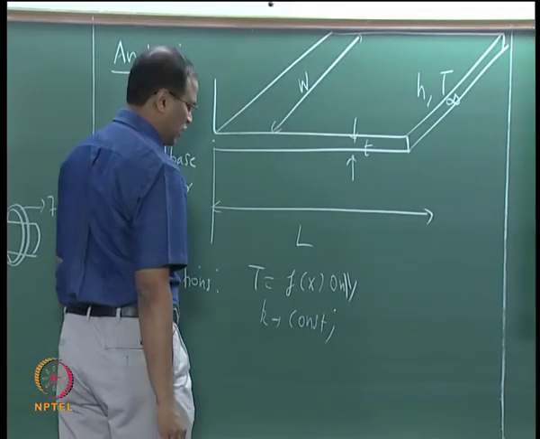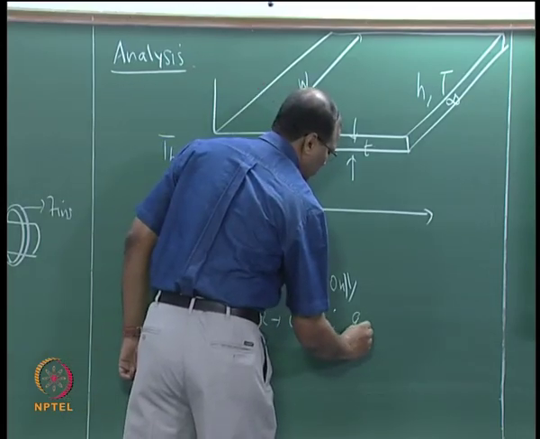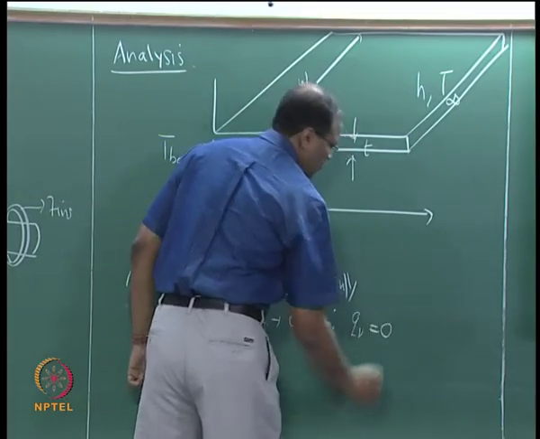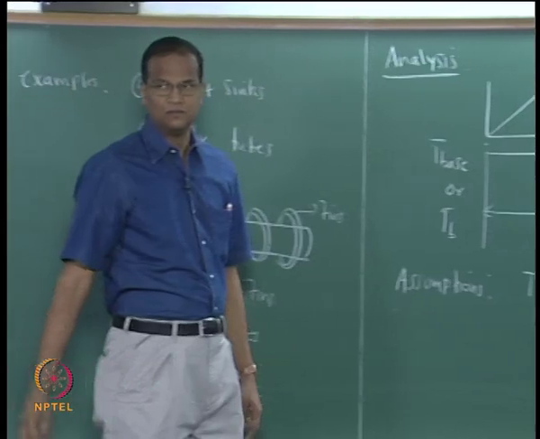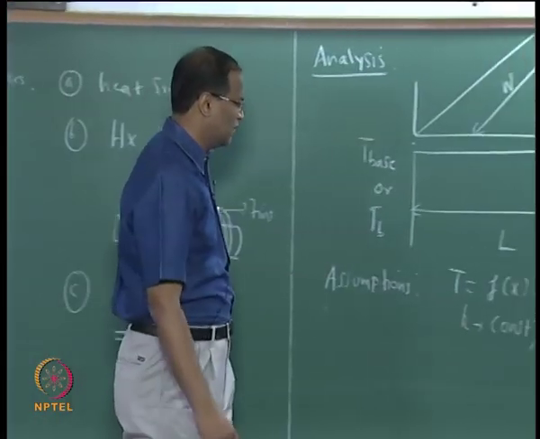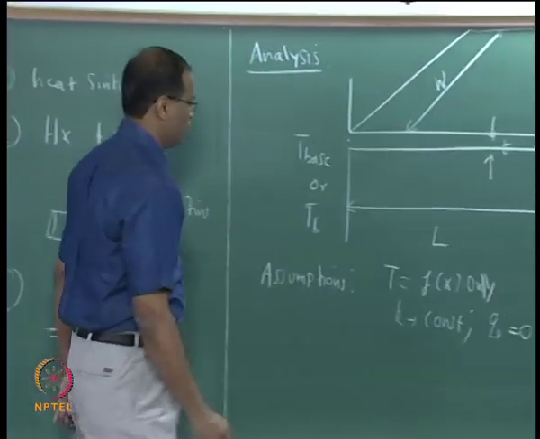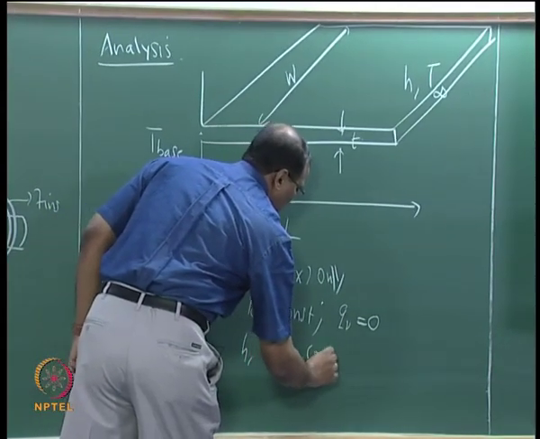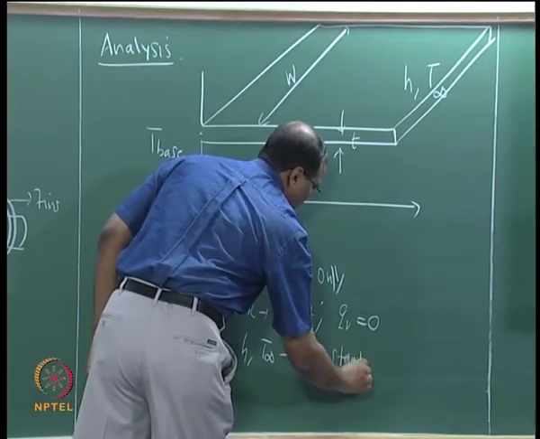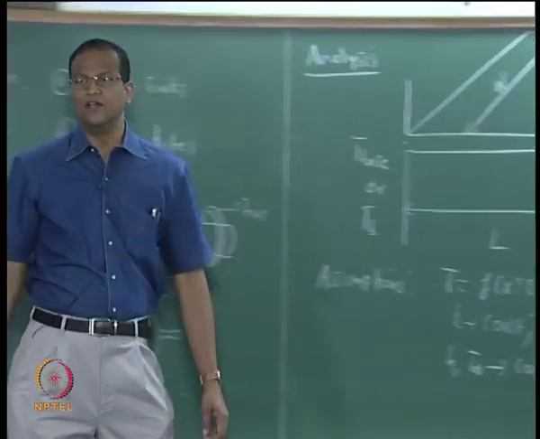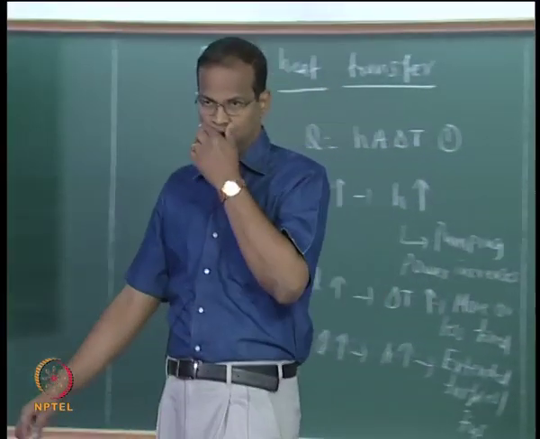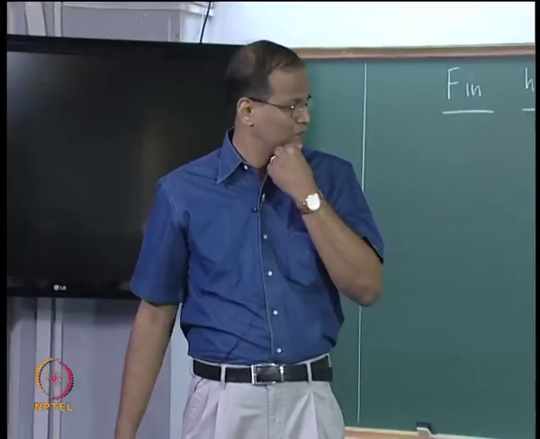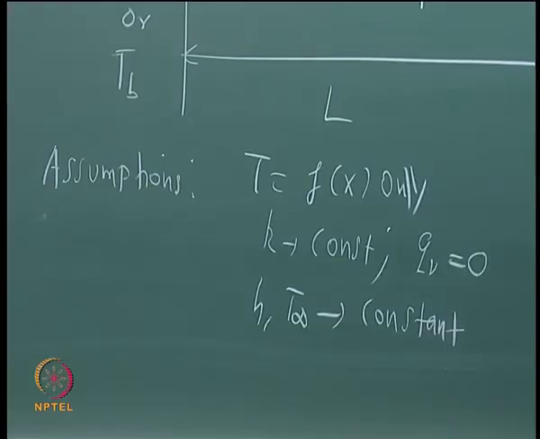T is a function of x only, K is a constant, QV equal to 0, okay. H and T infinity are constant, okay.